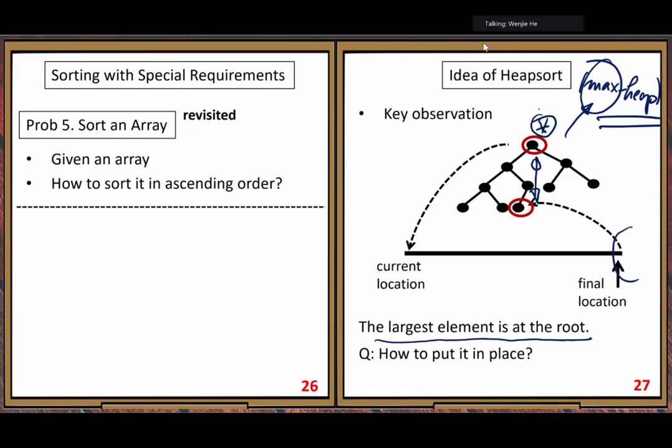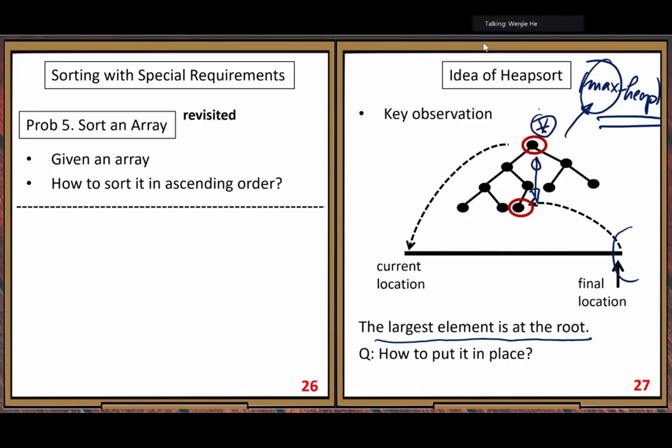After you get a max heap, you can do the same thing, because the current maximum element is at the root. You can put it in place by one swap operation. The second time, another swap operation. Then exclude it, and because of the swap, you need to run the max heapify operation to fix the problem.